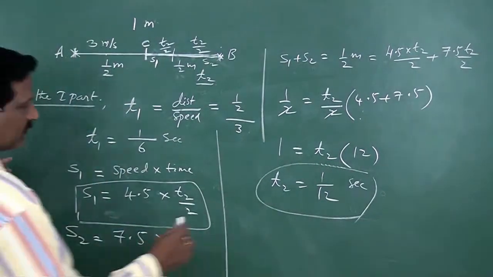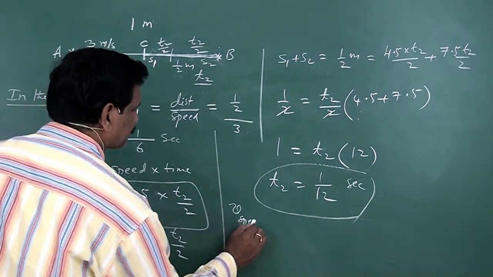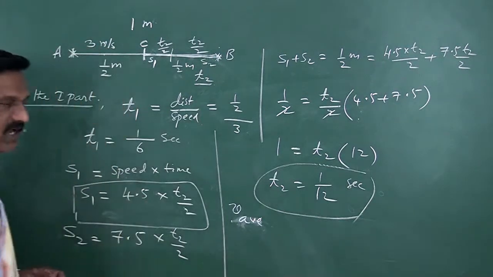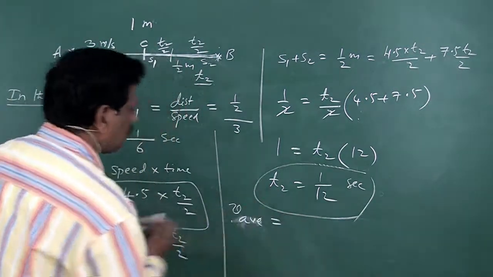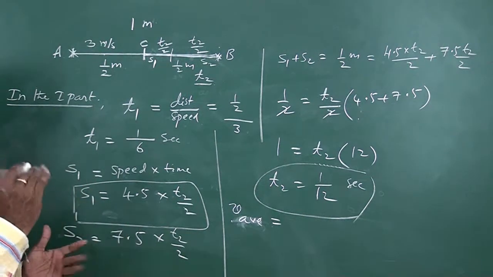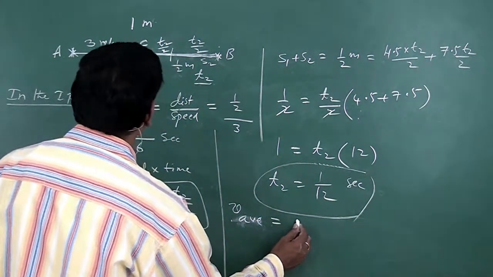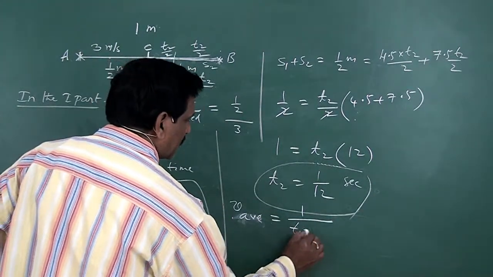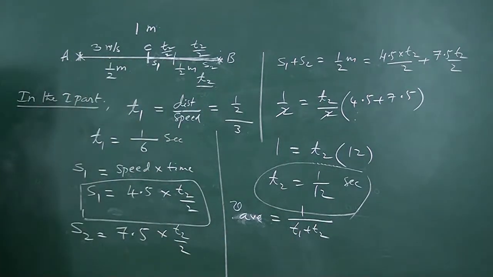Now we have to calculate the average speed. What is average speed? Total distance by total time. Here total distance is 1 meter, as we assumed, and total time is T1 plus T2.